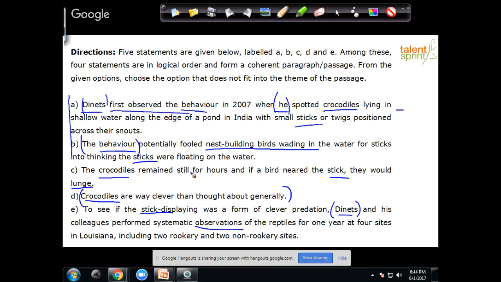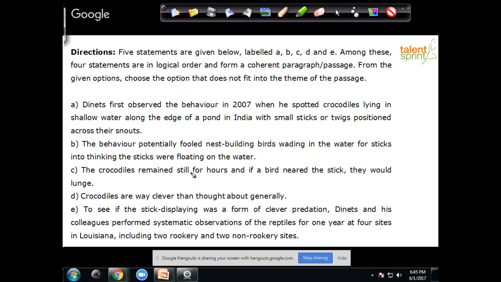Across their snouts means nose. For humans, it's nose. For animals, usually they say snout. The mouth part, that's the snout. So far, it's almost like a story which is building.